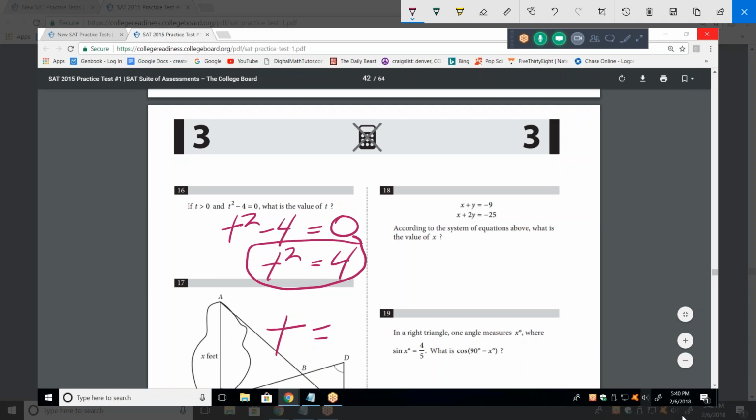Square root it. Okay. What's the square root of both sides? Well, the square root of t squared is t. So that's the major purpose. The square root of 4 is 2. So that's the algebraic way to solve it. Okay. And that's the way you need to know how to do it.